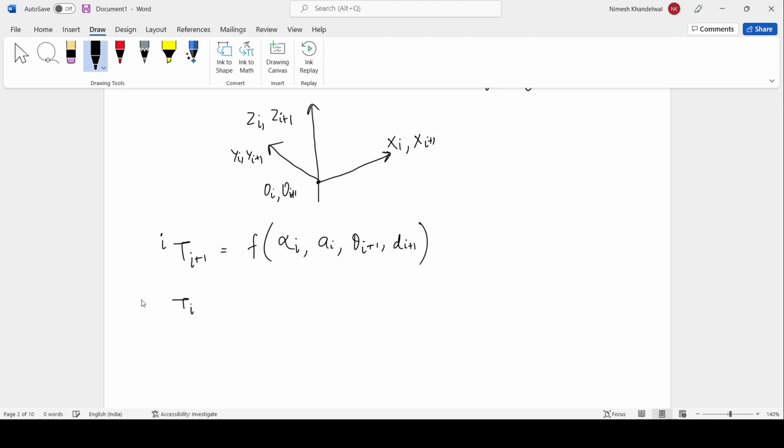I think this would be more familiar. This expression was a matrix, a 4 cross 4 matrix, that had terms that depended on these four quantities, right? ai, theta I, di.